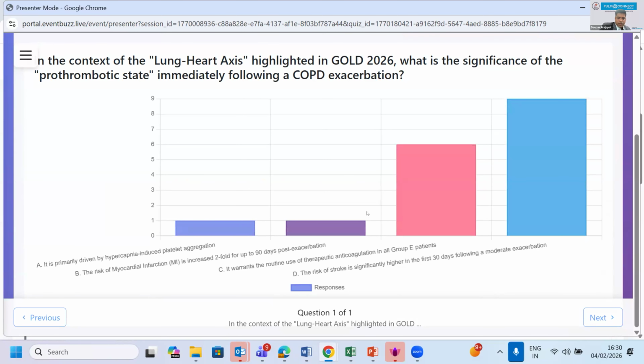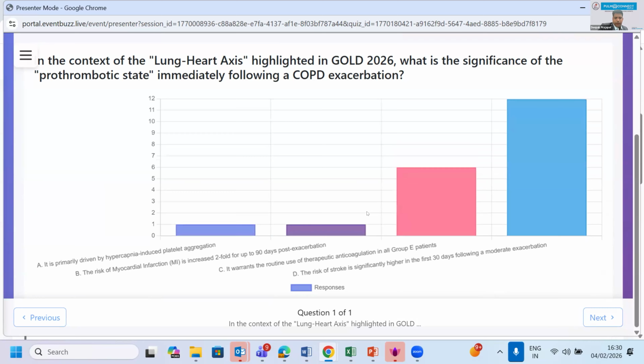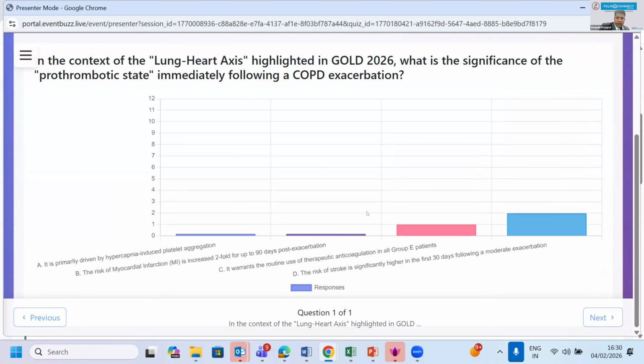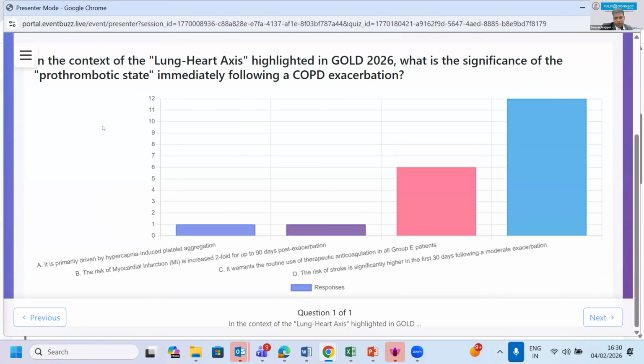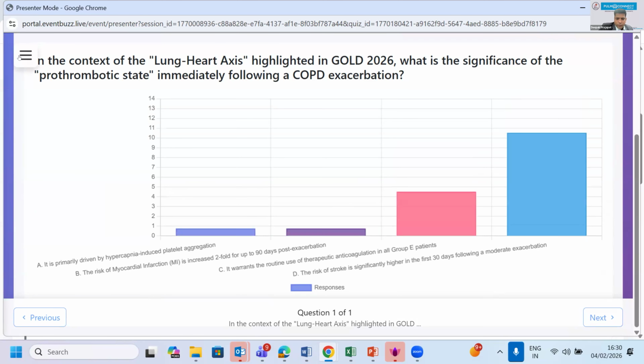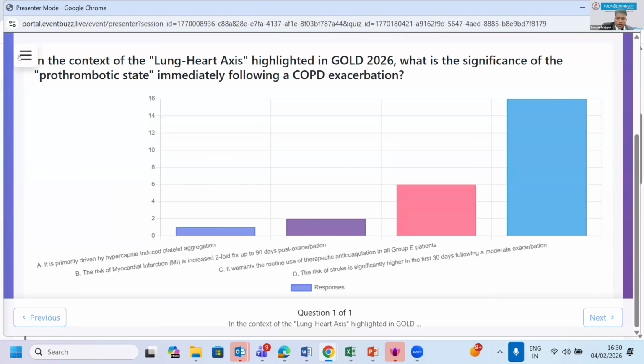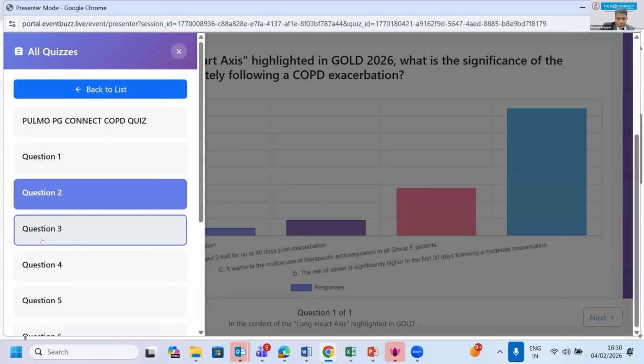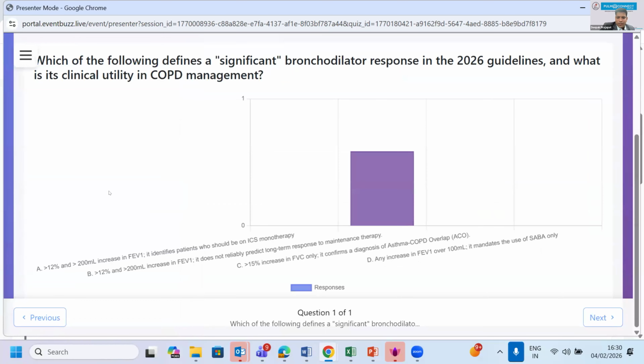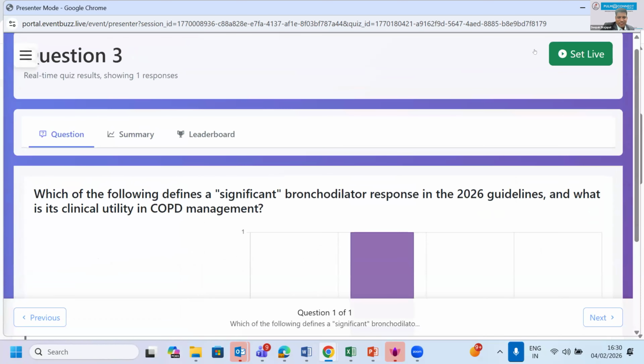The fourth option is, the risk of stroke is significantly higher in the first 30 days following a moderate exacerbation. Dr. Deepak Talwar already mentioned this in his talk, so those who listened to his talk must be able to answer correctly. Yes, sir, we'll move to the next question.